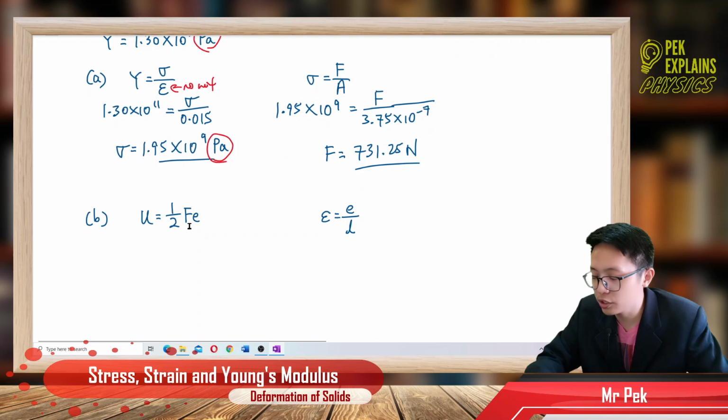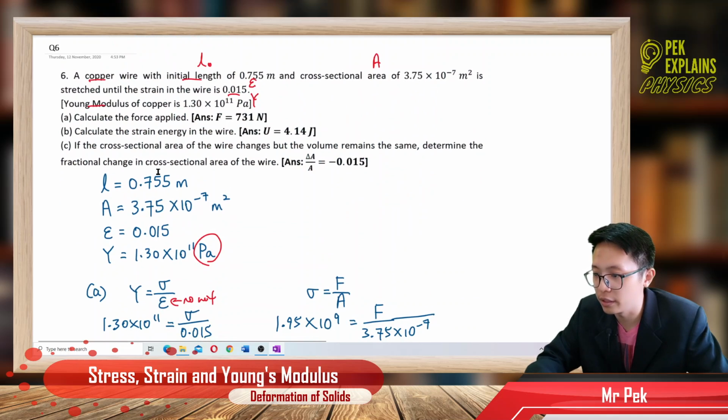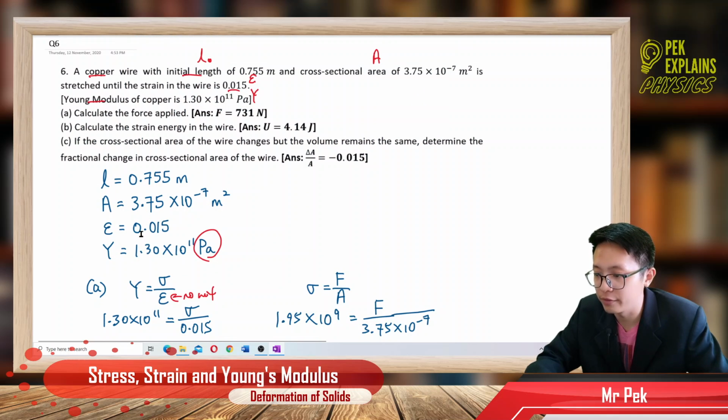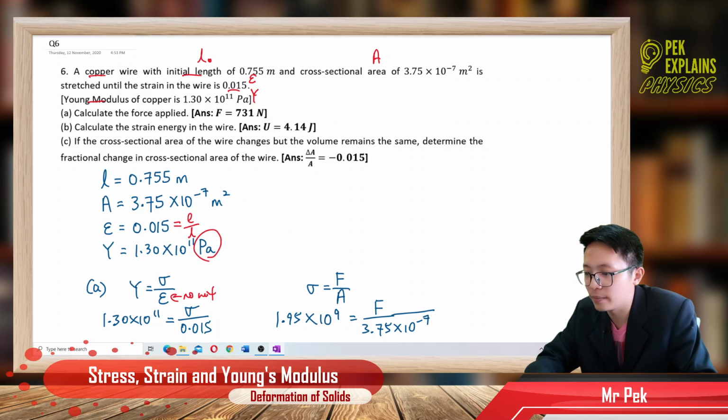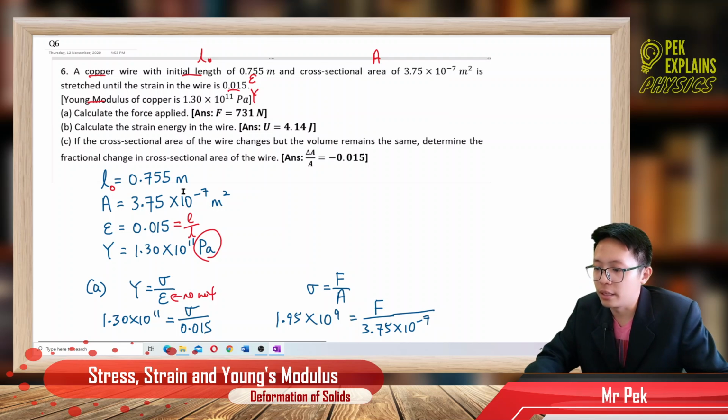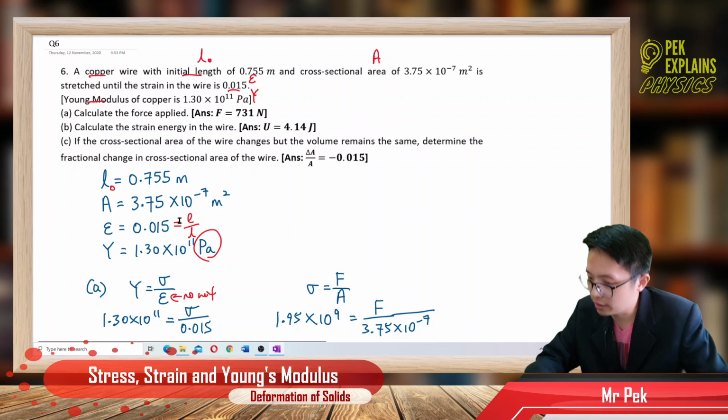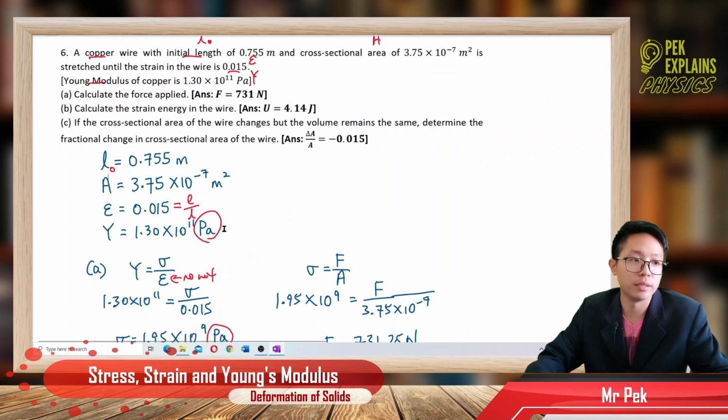I don't have elongation, but what I have is the strain. This strain is elongation over the original length. So I need to find the elongation.